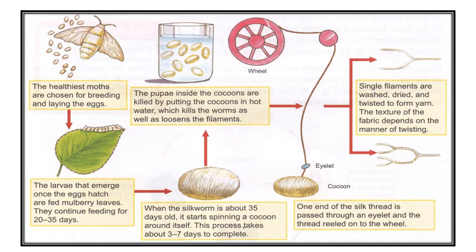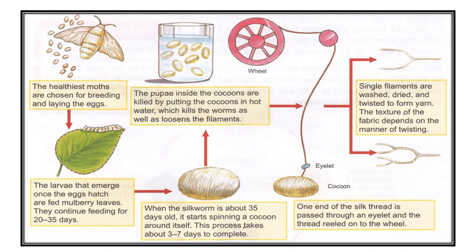As the direction of the arrow is pointing upward, the next step is that the pupae inside the cocoons are killed by putting the cocoons in hot water, which kills the worms as well as loosens the filament. Students, here the word pupae is the plural of pupa.